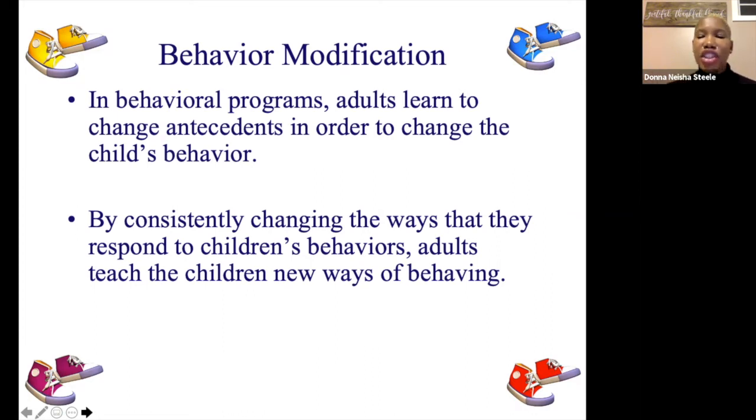By consistently changing the ways that they respond to children's behavior, adults teach the children new ways of behaving. So these two statements, one is talking about the antecedent, what happens before the behavior, and how an adult learns to change those antecedents.